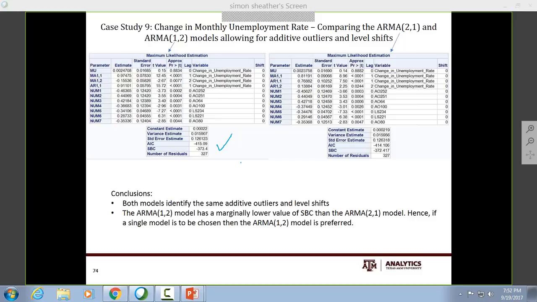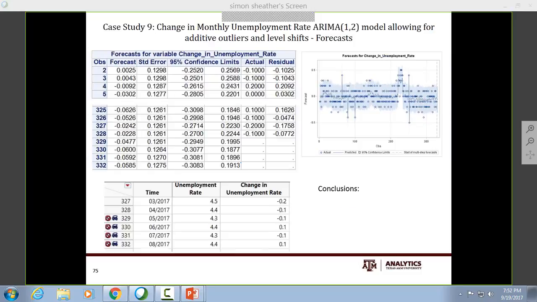So the next step is to actually forecast. I didn't put the code here, but if you look on the eCampus website, I have put in the forecast command. So this is ARMA 1-2, and ARMA 1-2 says the forecast is minus 0.05, minus 0.06, minus 0.06, minus 0.06.